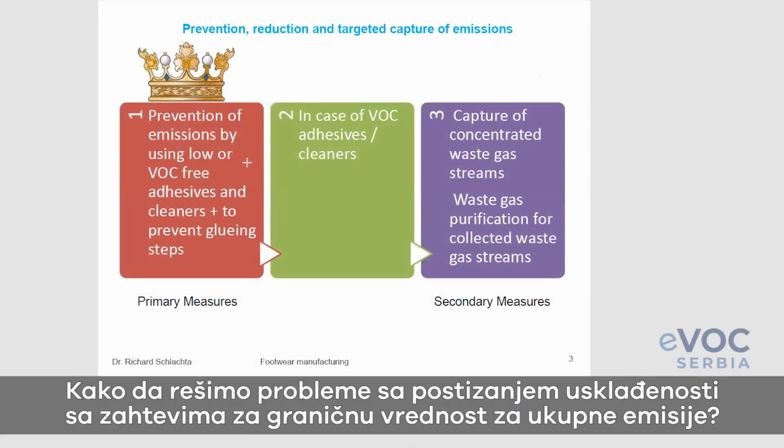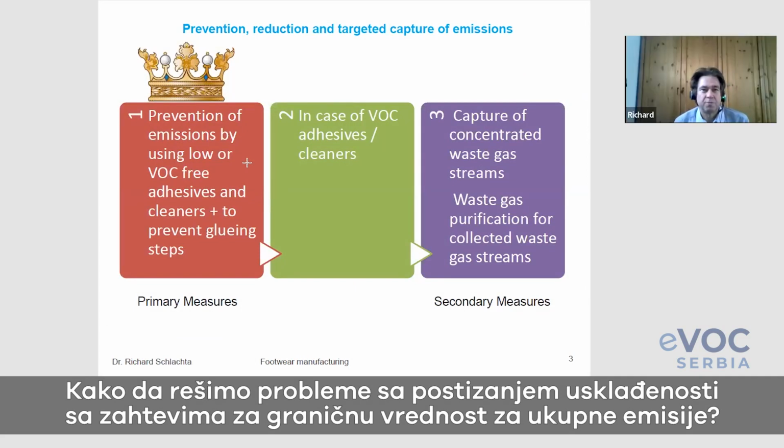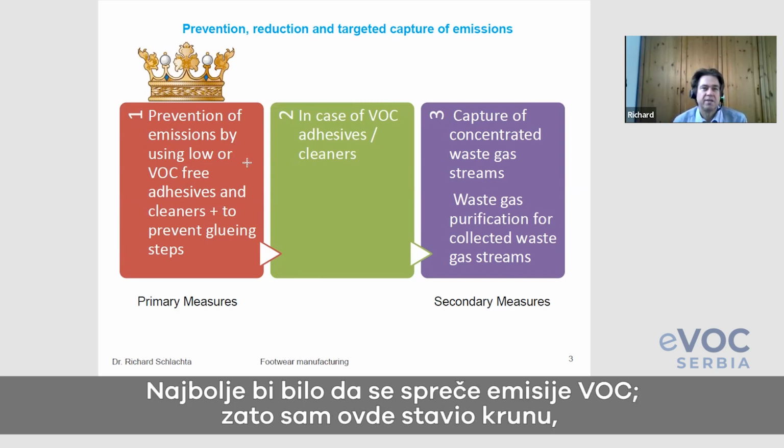So what could be, let me say, to solve the problems with the VOC decree for compliance with the total emission limit value? So the best would be to prevent the VOC emissions.